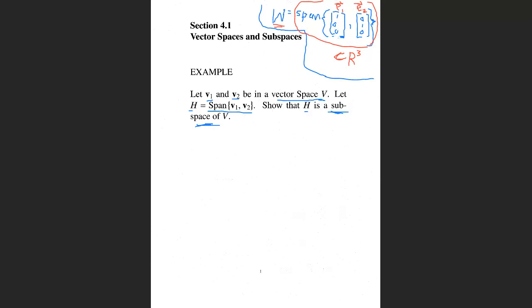It's a plane. It's a plane in R3. And the plane contains what axes? What axes are contained in the plane? You've got the x1 axis, x2 axis, so the xy axis, or x1, x2 axis. So this space W contains the x1, x2 axes.